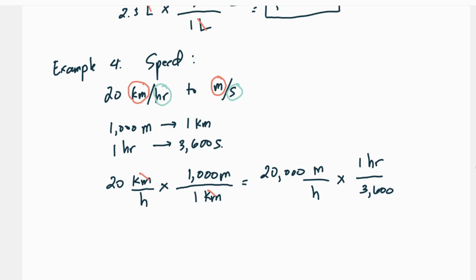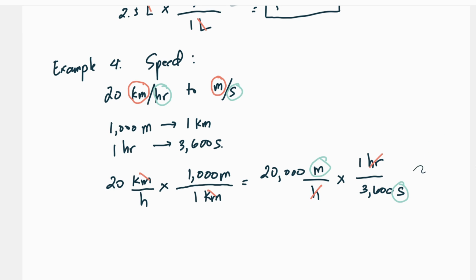Okay? This will effectively cancel our unit for time, which is, in this case, hour. And what remains now is the unit for seconds. So, as you can see right now, what remains is meters per second. And that will already complete our conversion for this particular value.